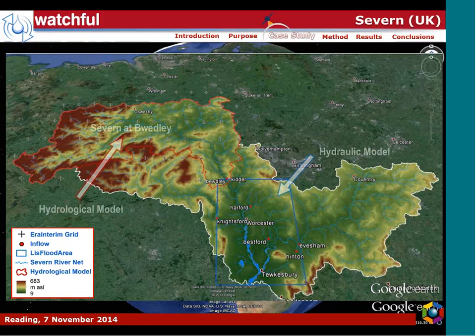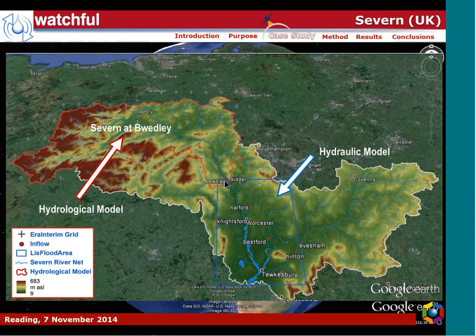So for the Severn, we set up first a hydrological model for the upstream part of the catchment at the gauging station Bewdley, which is here. And for the downstream part, we set up LISFLOOD-FP until the gauging station of Howe Bridge.